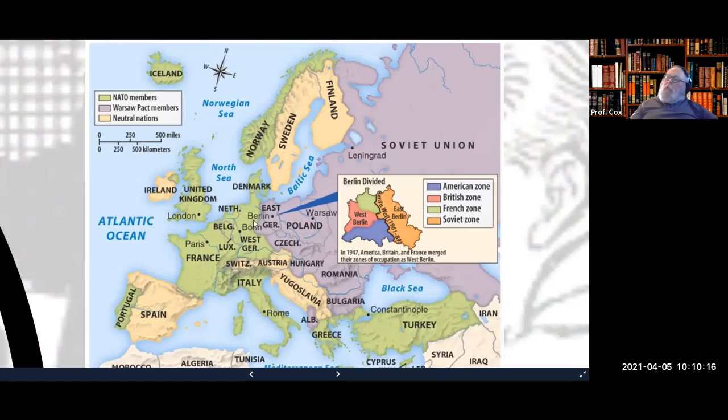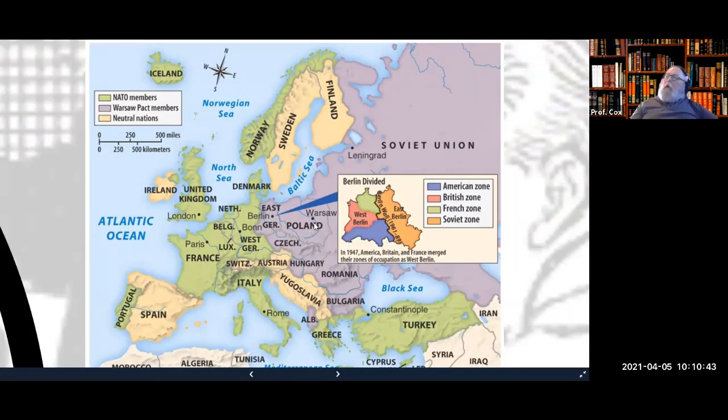Basically, it will be controlled by the German government in West Germany, but it's an island in the middle of a sea of communism, essentially. So again, we have this half of a city that is 100 miles inside the Soviet territory, connected only by a single road and an air corridor.